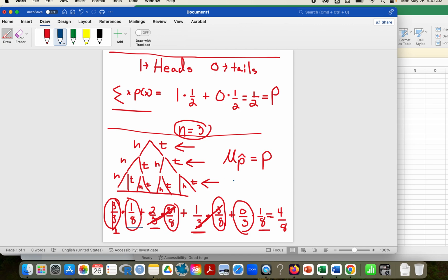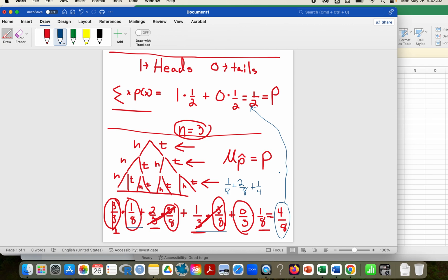So I have a 1/8 from the first one, and then I have a 2/8 from the second one. And then from here, I get a 1/8 again. And so I end up with a response of 4 out of 8. And when we reduce that, we end up getting our 1/2 again.